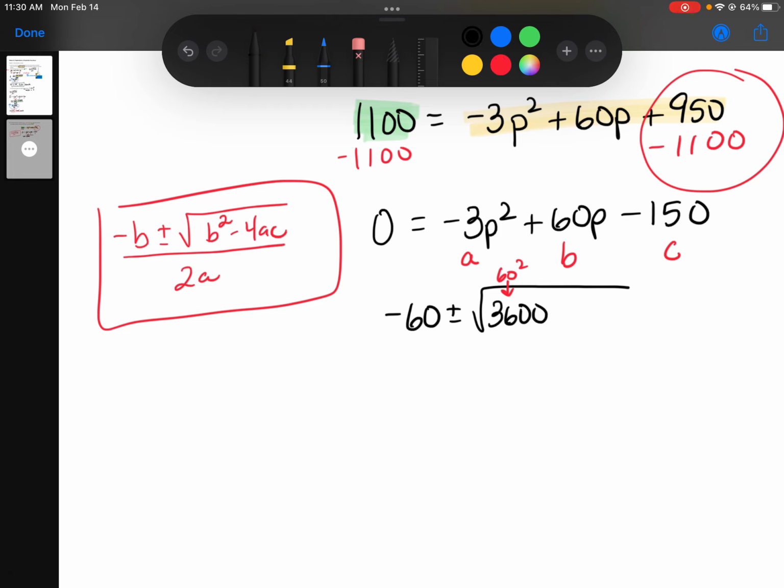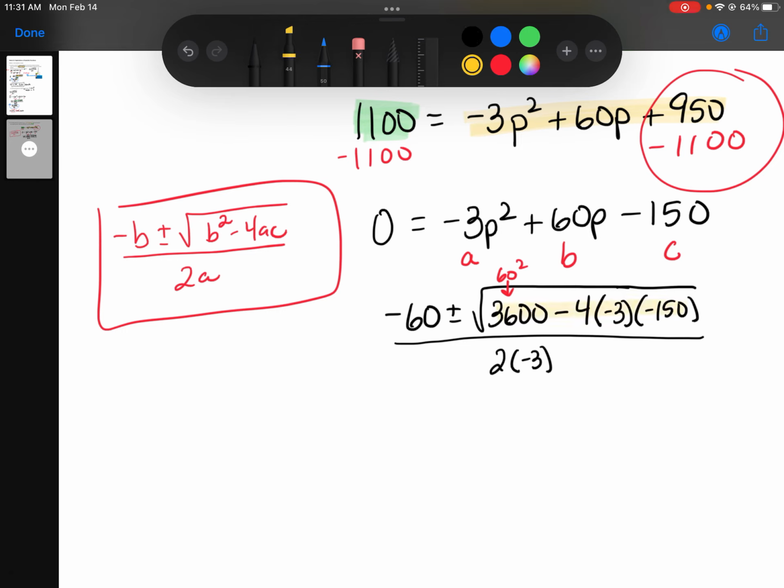So 60 squared. Remember, it's always a positive number. That's why I have you guys square it first. Minus 4 times negative 3 times negative 150. We put that all over 2 times negative 3. All right, now we're going to type all that in.